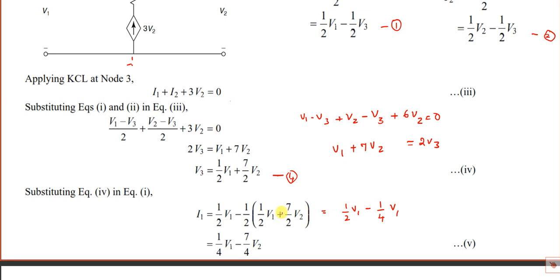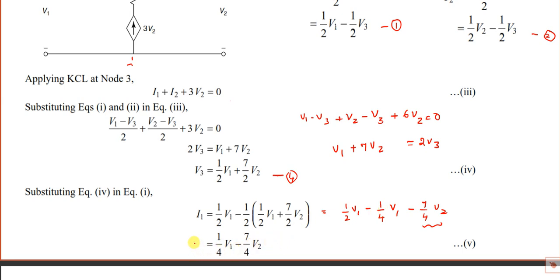This minus into plus is again minus, 7 by 4 V2. 7 by 4 V2 is written here because only one V2 term is there. What about this? In half, if I subtract a quarter, 1 quarter we will get here. It is 0.5 minus 0.25, which is 0.25 only. So 0.25 is nothing but 1 by 4.